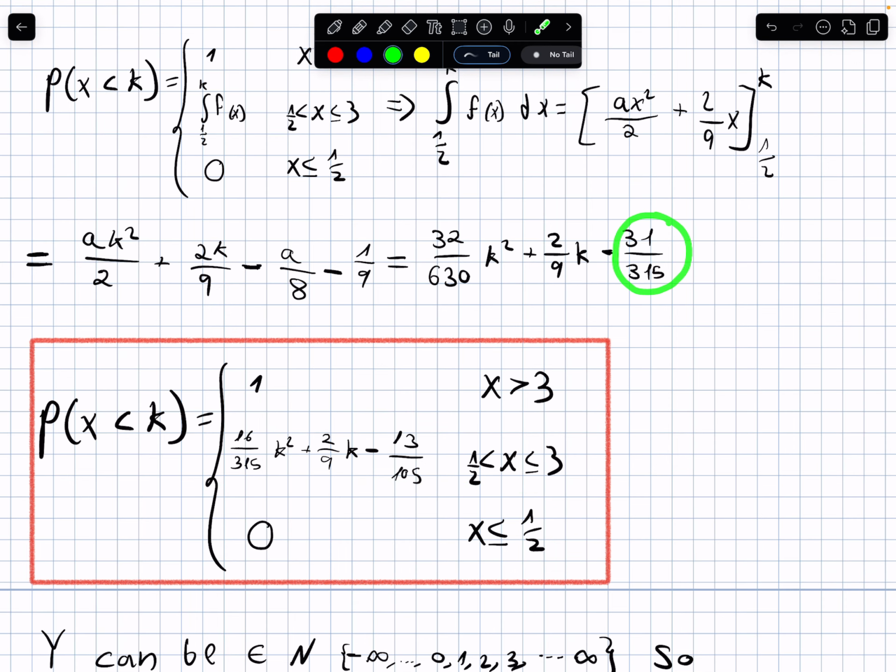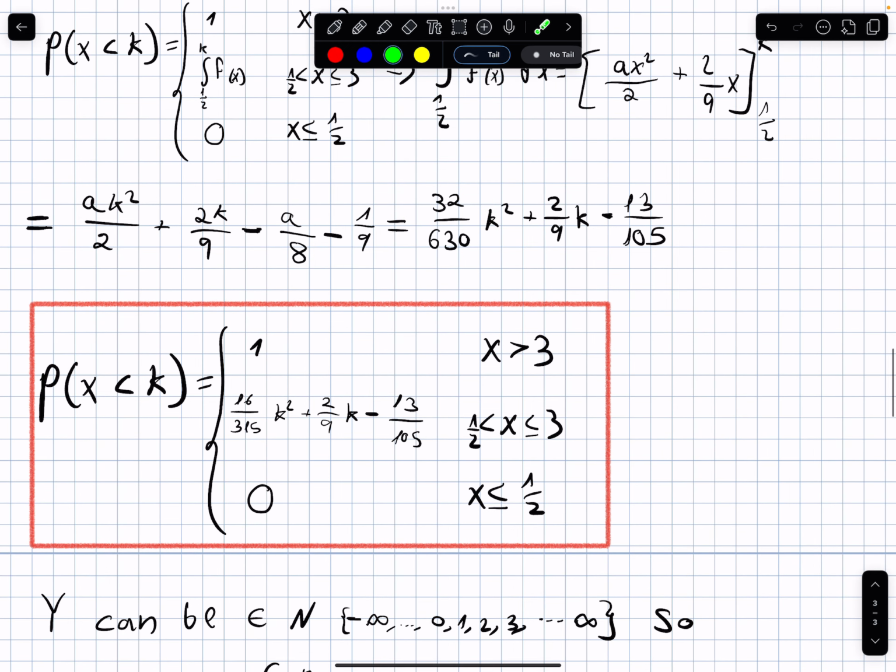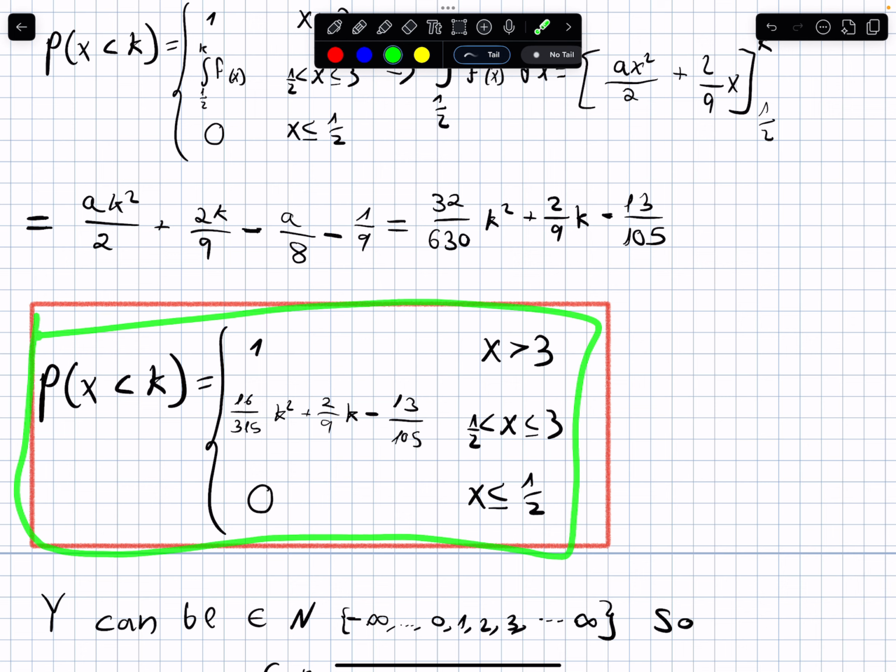The mismatch you see here is because of a calculation mistake I made. This needs to be 13 divided by 105. It was a calculation mistake, but anyway, 16 divided by 350 is the same thing, just note this. So this is the function we're going to use, but this is with x.